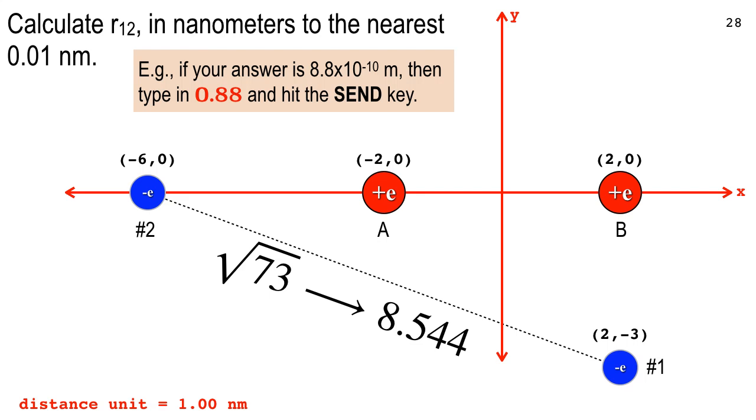Point something something nanometers. So this one's, oh, so this one's not right. Wait a minute. No, that one is right. These other ones, yeah, these other ones are not right.